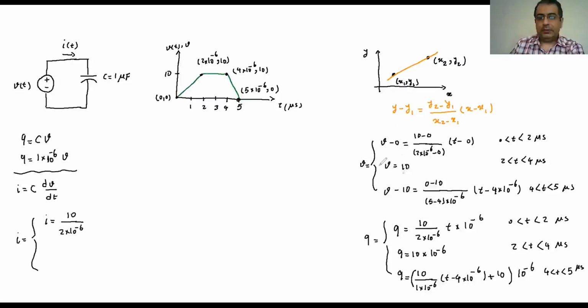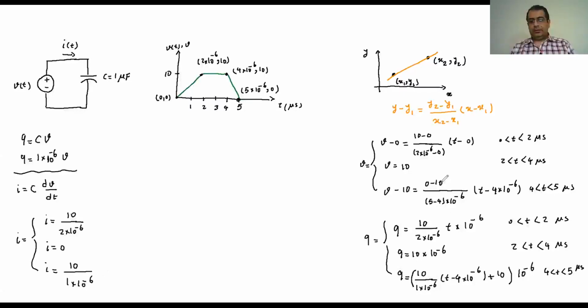For the second one, dV over dt is just going to be 0 because it's constant. And for the third one, if I rearrange it and differentiate, the only thing that comes out is 1 times 10 to the negative, if I'm right. So only these constants stay here.